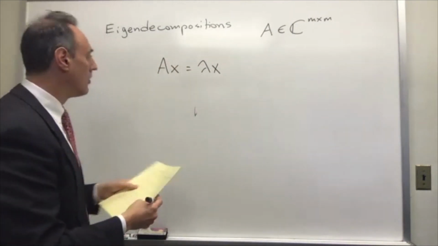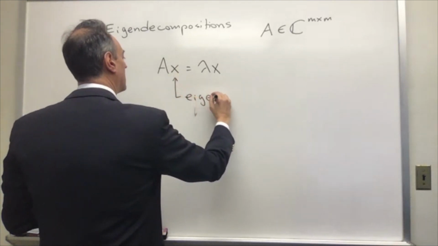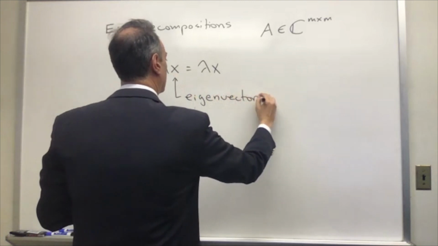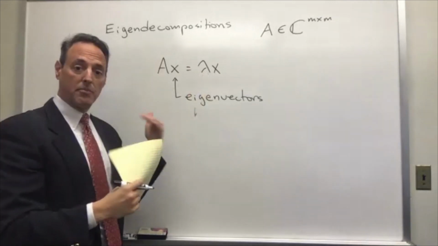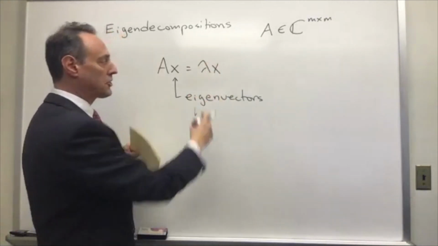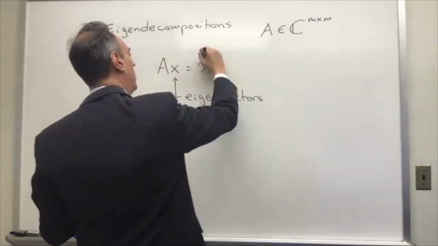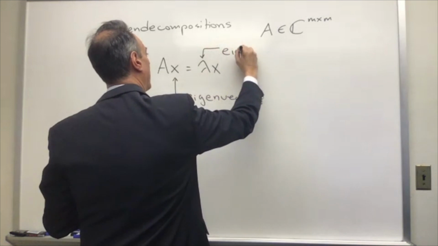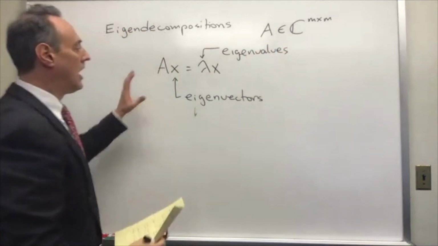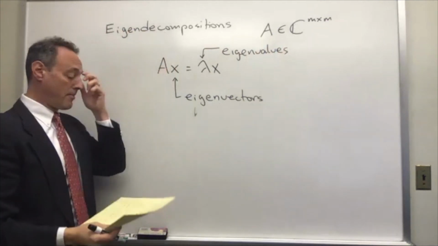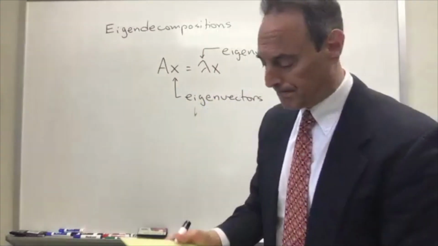These special vectors are called eigenvectors. And the lambda, the stretching or compression that happens, it's stretched if lambda is bigger than 1. It's compressed if lambda is less than 1. These are your eigenvalues. Eigenvalues and eigenvectors associated with a matrix A. And these are very powerful things if we can find them.